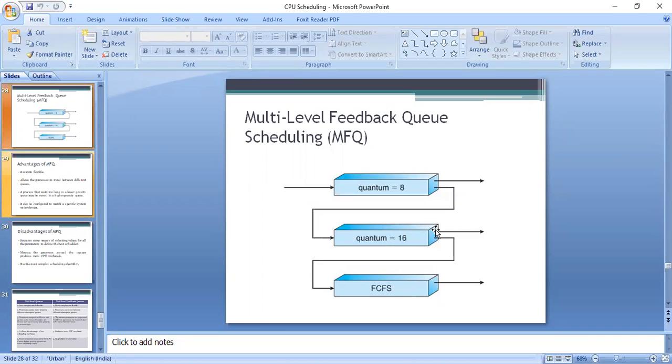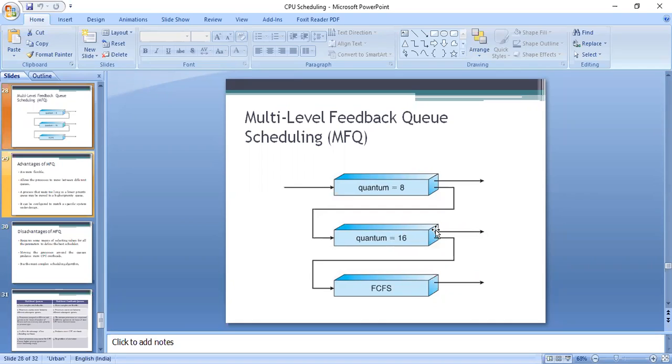So maybe we are implementing round robin in the first two queues, and both the queues have different quantum numbers. So those processes whose quantum number is less than or equal to 8 will complete their execution at the first level only. Those which are long in execution will be transferred to the next queue, which has a huge quantum number.